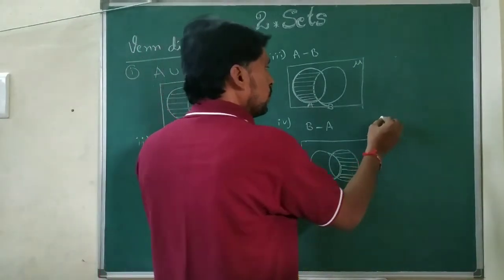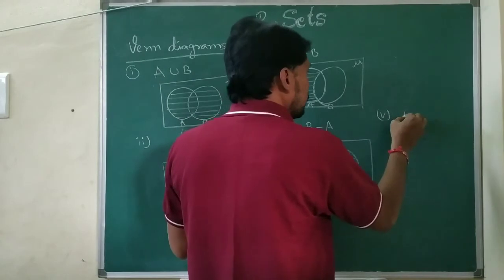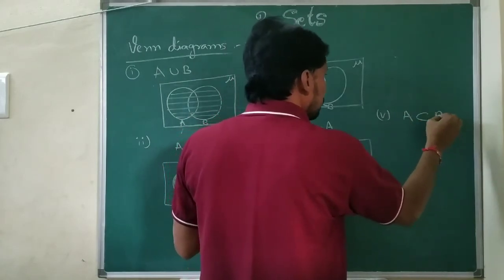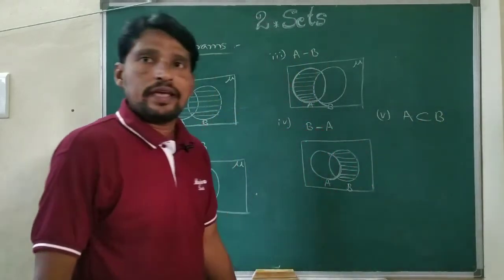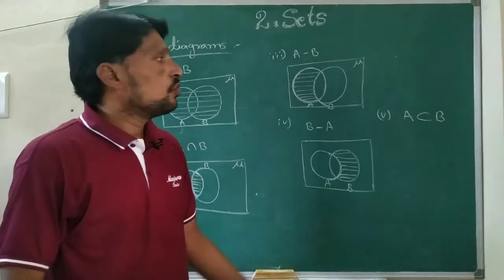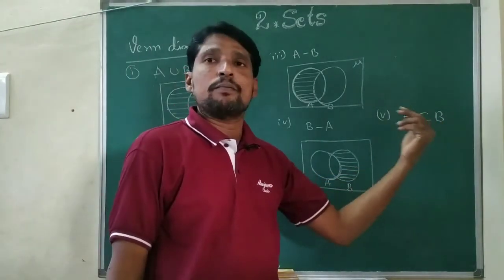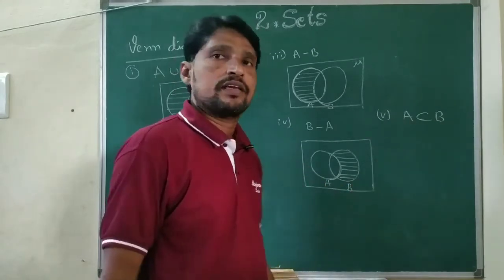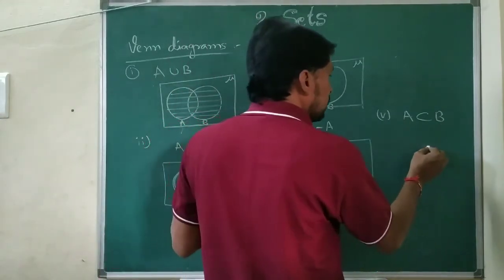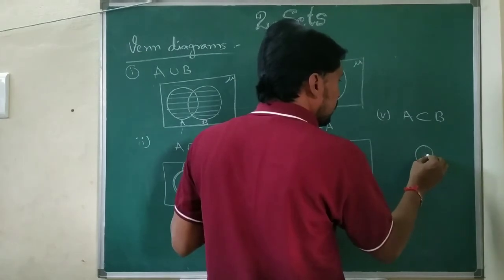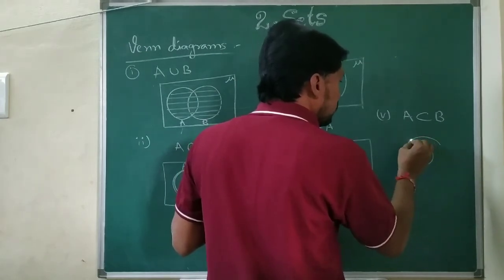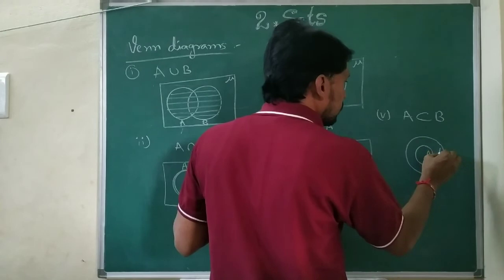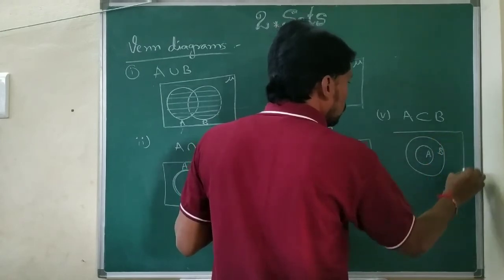Now the fifth one, this is important: A subset B. Here, which set is the bigger set? B is the bigger set, A is the smaller set. So we take this as A, and this one I am taking as B. This is the total universal set.